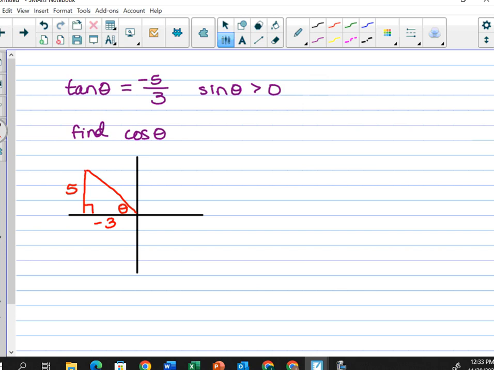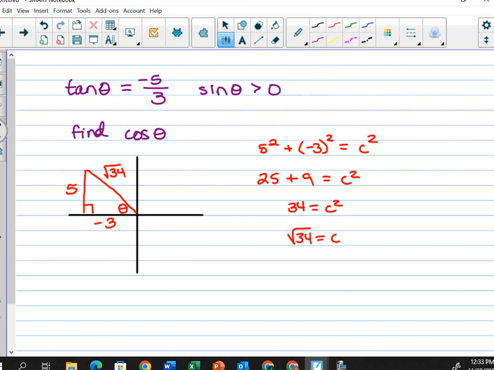Root 34. Lovely. It doesn't simplify. Can we quickly get Mr. Miana over here and restate why maybe that happened? Oh, I see. Yeah. Okay.